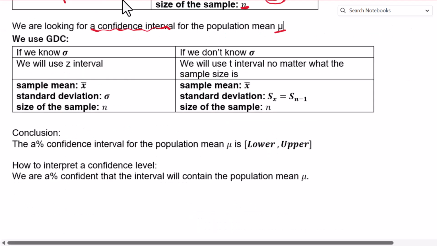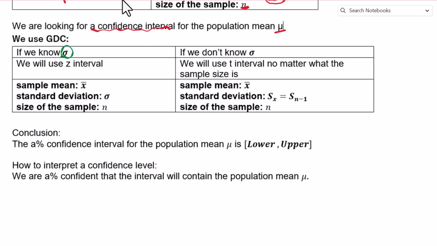If we know population standard deviation sigma, we will use Z interval. If we do not know the population standard deviation sigma, we will use T interval.